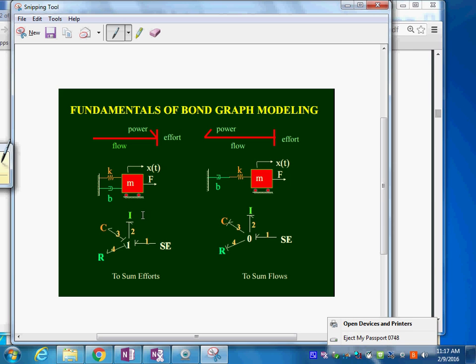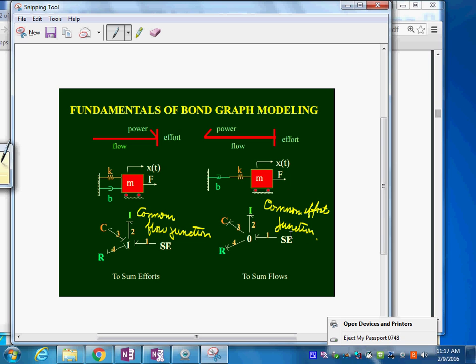Now, the resistive element. The constitutive law is the effort is R times F, and if it is not linear, you still have the concept because R could change. In fact, the changing R is what would change many systems.